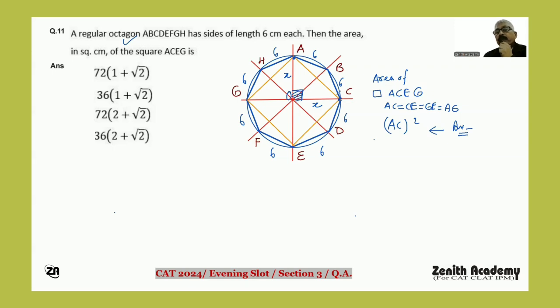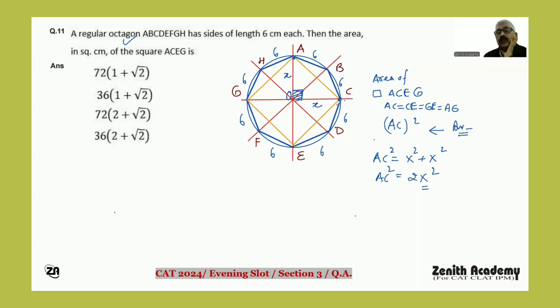So AC will be the hypotenuse in triangle AOC. So AC square is going to be X square plus X square, means 2X square. So now find what is the value of X.